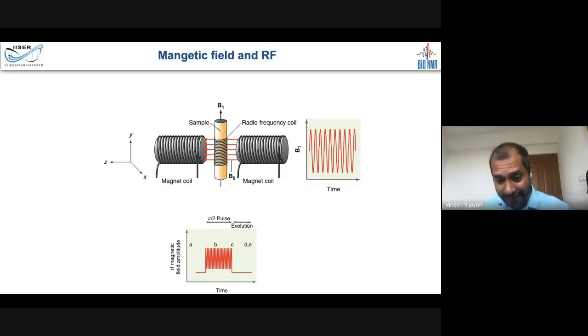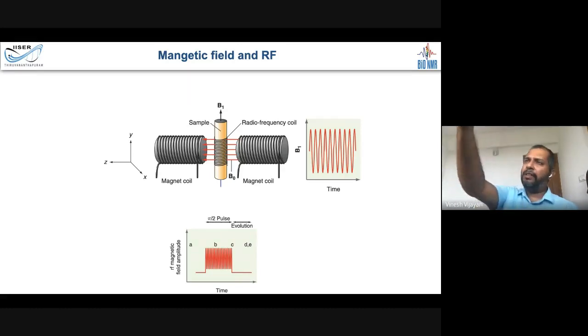Now, how do we generate this? You go through a gating mechanism where the amplitude of this pulse is 0 at some point, and then suddenly you open the gate for a few microseconds and then close it off. This small duration should be sufficient.